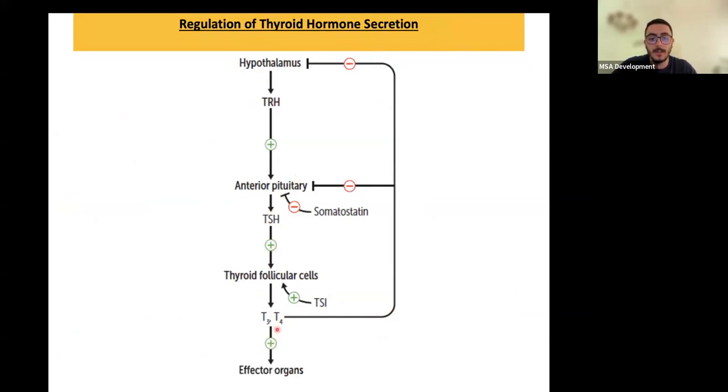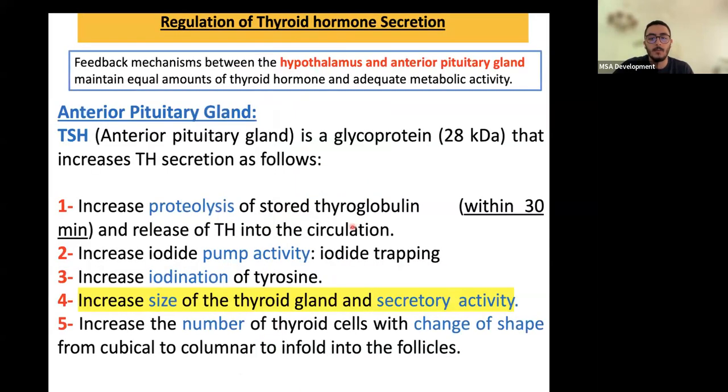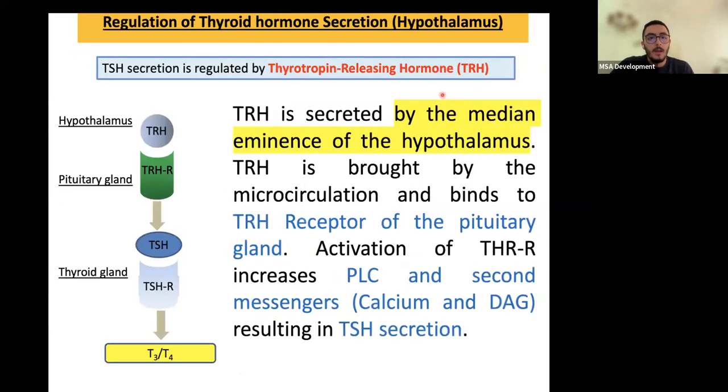And the opposite, if we have less T3, T4, this will be sensed by the anterior pituitary and the hypothalamus. The hypothalamus will secrete TRH, and TRH will stimulate the pituitary to secrete TSH, so that TSH can stimulate thyroid follicular cells to secrete T3 and T4 the same way I explained here. Okay, this is TRH, thyrotropin releasing hormone.